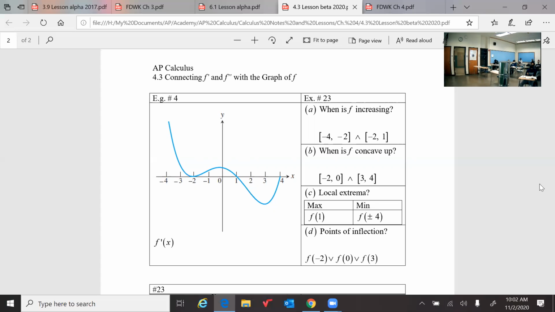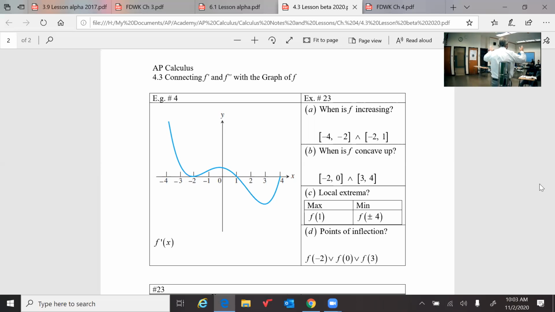Then C asks, what are the local extrema? Well, here you have a critical point. The first derivative is 0, but there's no sign change. To the left of that 0, it's positive. To the right of that 0, it's positive. That was a critical point.